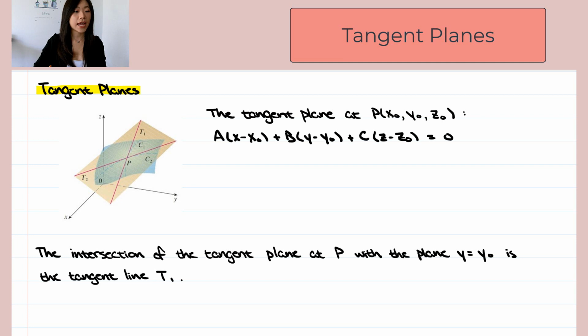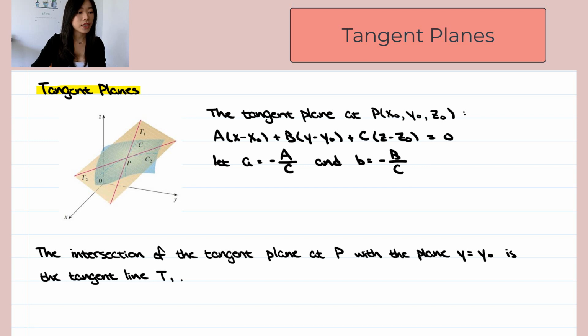Now let's do some simplification. So I want to write the z on one side. So I'm going to let another constant, A, be the negative of the first component of the normal vector divided by the third component of the normal vector, and another constant, B, as the negative of the second component of the normal vector divided by the third component of the normal vector.